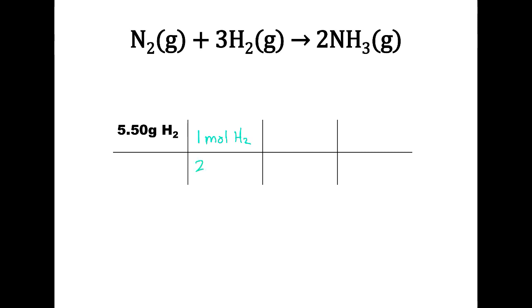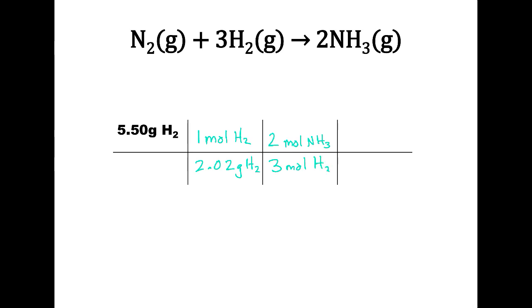So we'll divide by the molecular weight of hydrogen. Okay, so now that we have it in moles of hydrogen, we need to use a mole-to-mole ratio to figure out how many moles of ammonia we have. So from our balanced chemical equation, we have 2 moles of ammonia for every 3 moles of hydrogen.